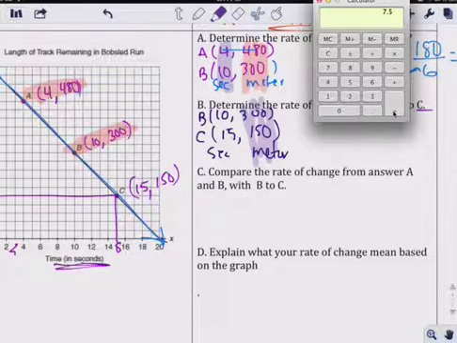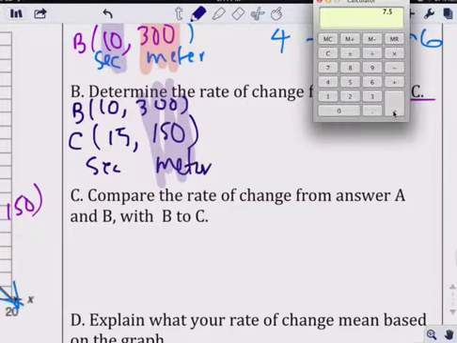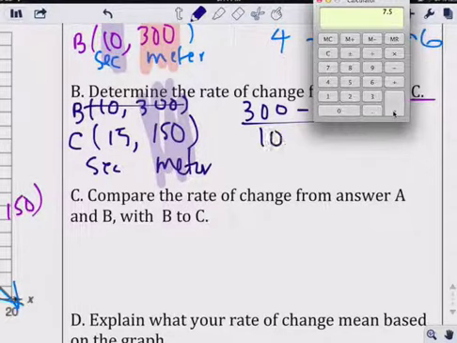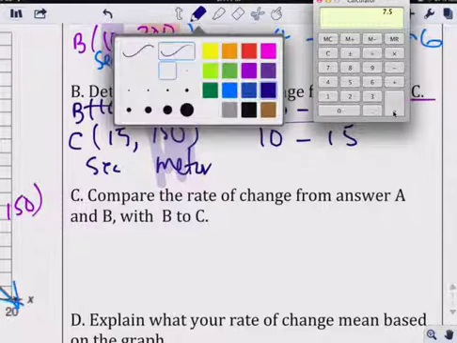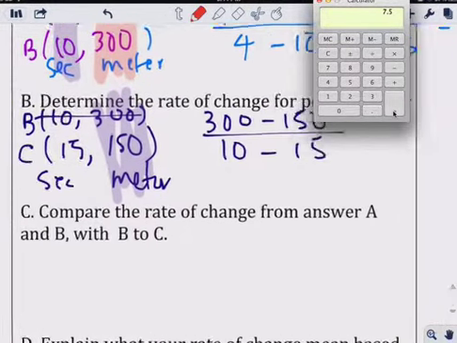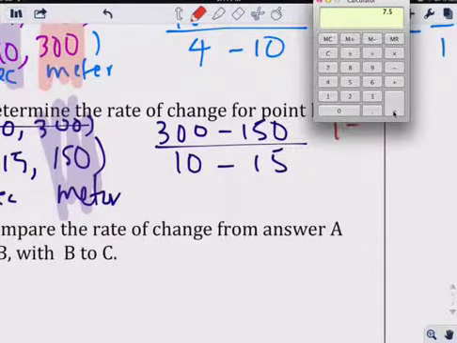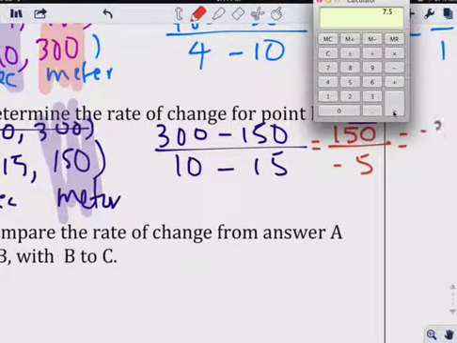The meters, the dependent, goes first. 300 minus 150 over, well 10 goes with 300, so 10 minus 15. That's 150 over negative 5, which is negative 30 over 1.